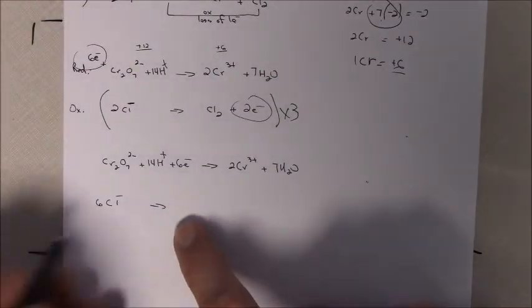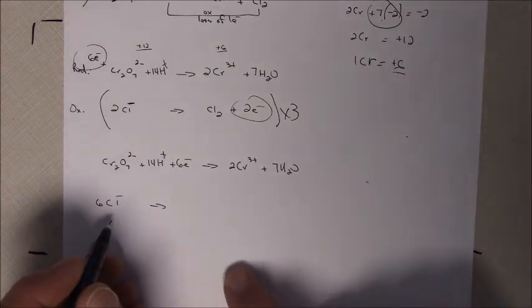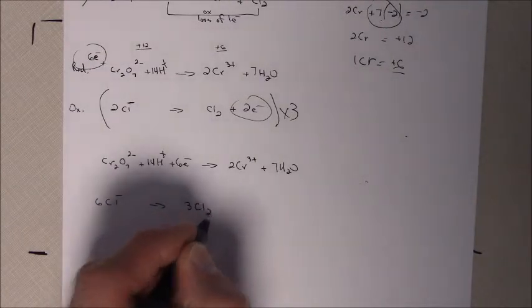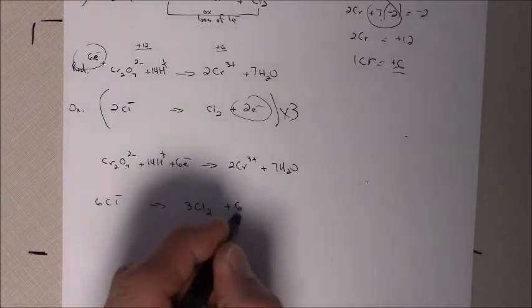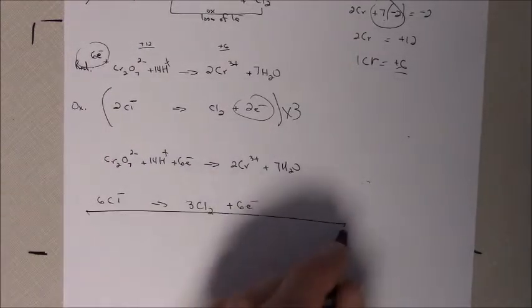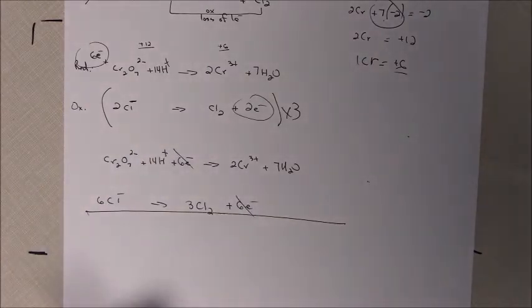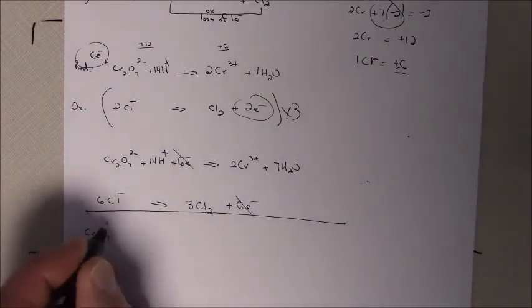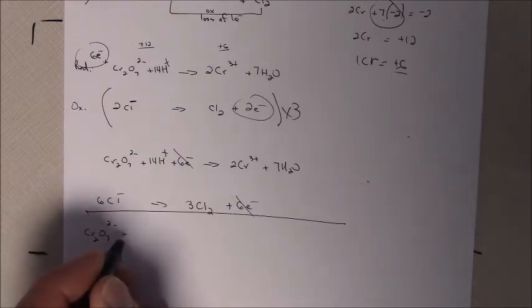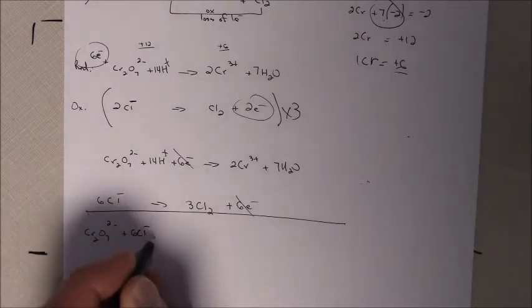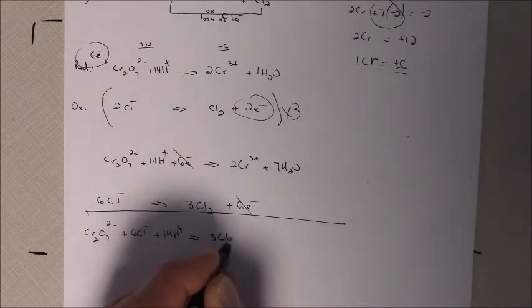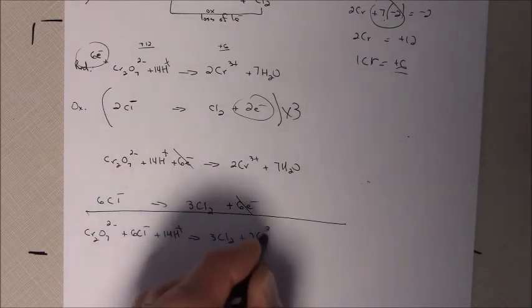We have 6 chlorines, 3 of those Cl2 plus 6 electrons. 6 electrons cancel, and you're now left with 6 Cl minus plus 14 H plus Cr2O7 2- going to 3 Cl2 plus 2 Cr3 plus.